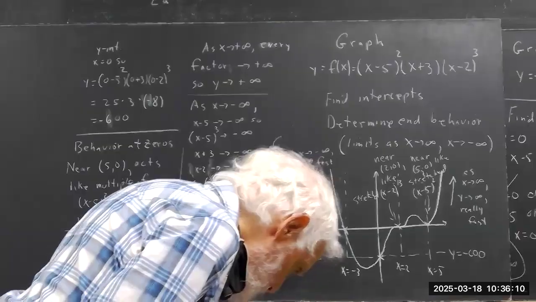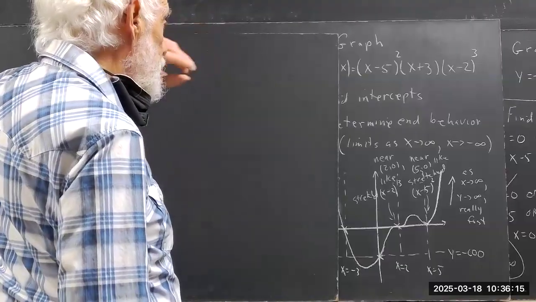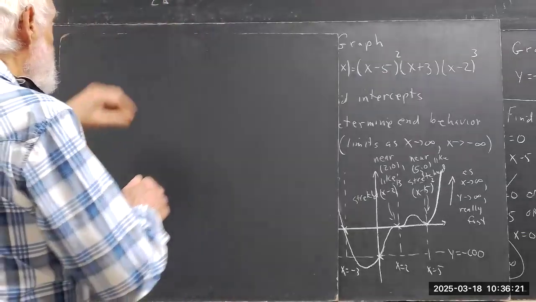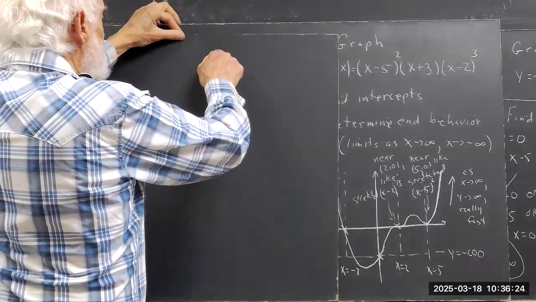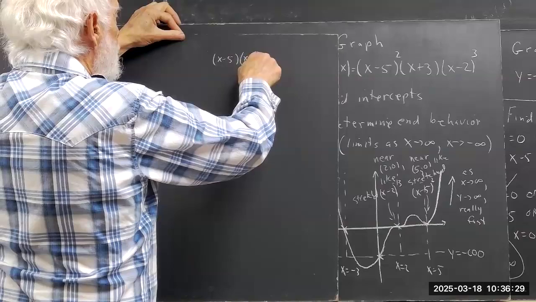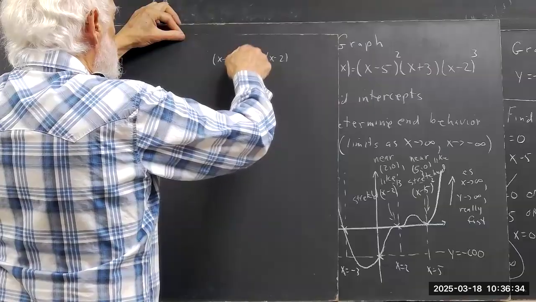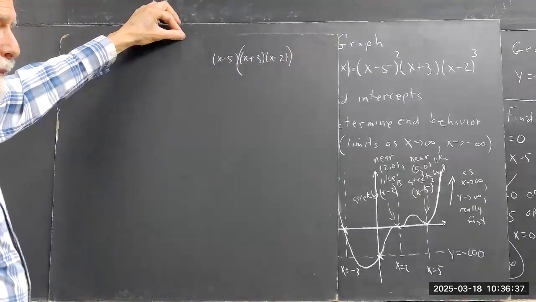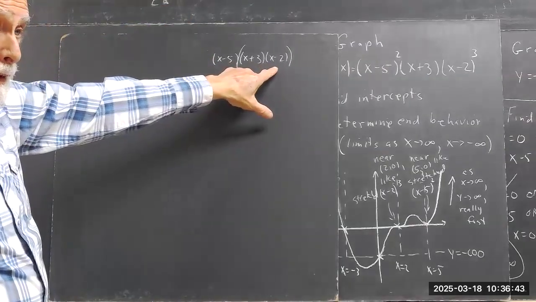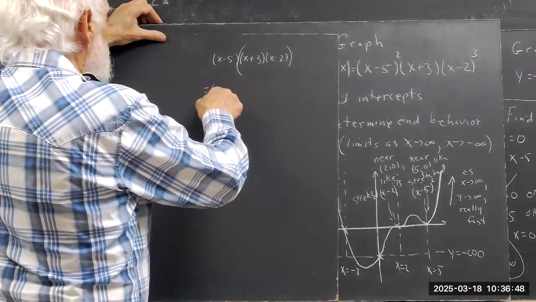So I'm going to go back to this original function, and I'm going to multiply these two out using the distributive law. I'm going to do all the stuff in gory detail.